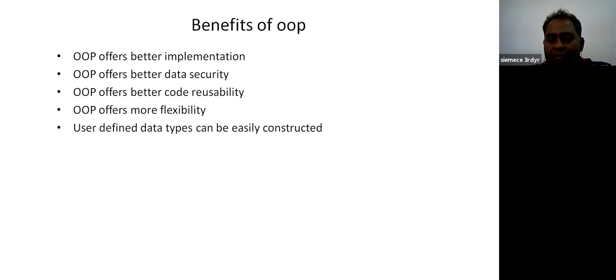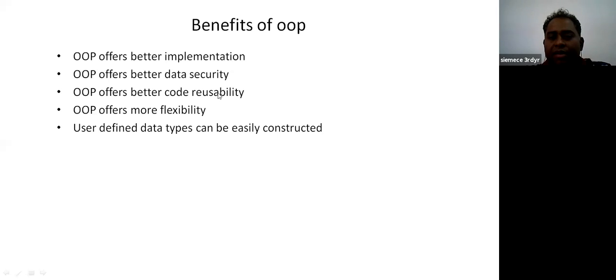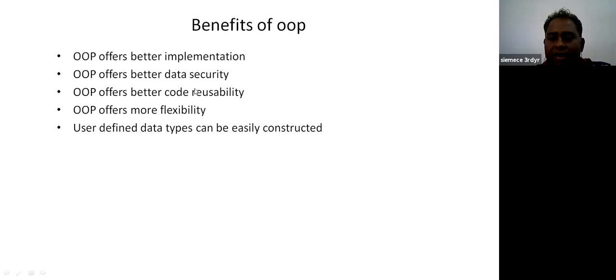I have created a student class and two objects, one is Tenzing and the other is Pronoun. Is it clear? Yes, sir. So every time you don't need to create a new class. You just define it once and use it a number of times. That is known as code reusability.